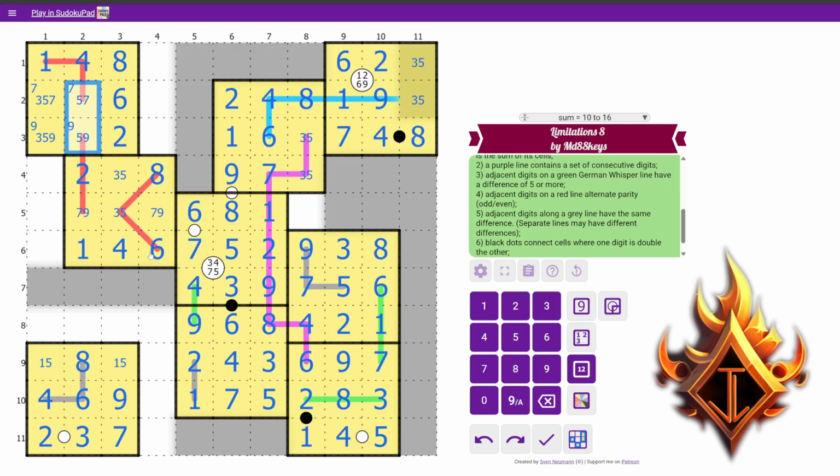These two are not 3. 5, 7, 9. We do need a 5 in this column though. So we can, well, we have a 5 here. And then one of these will be over here. So we have a 3 over here.